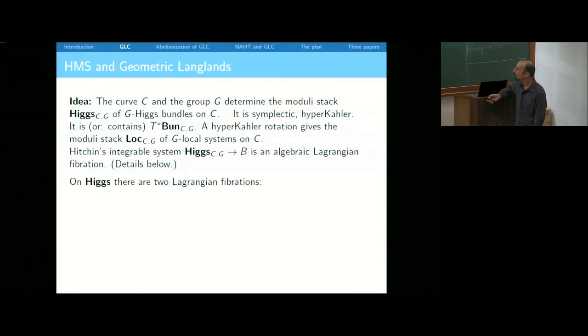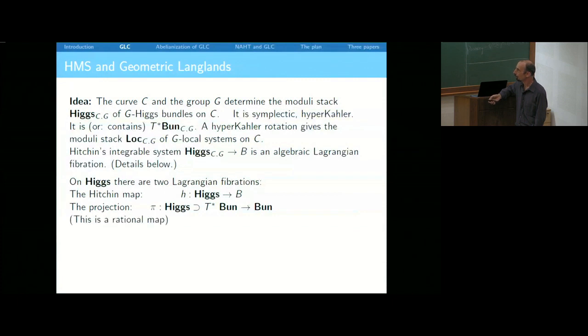The point is then that this symplectic or hyperkähler space Higgs has not one but two different Lagrangian fibrations. One is the Hitchin map, and the other is just the projection from the cotangent bundle of Bun to Bun. So that's just a rational map if you're looking at the geometric versions where it's actually a little bigger.